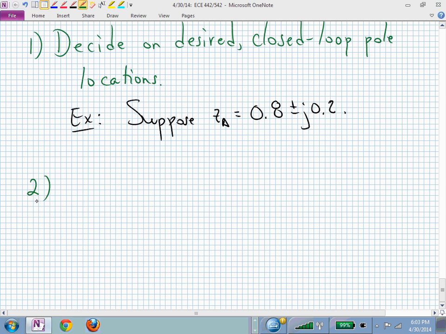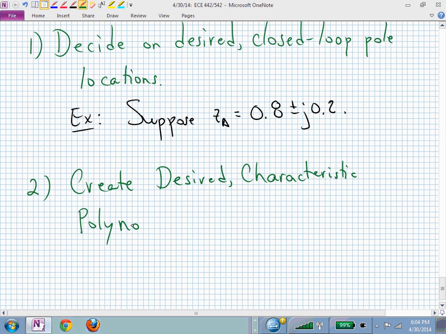The second step is to create the polynomial that possesses those as its roots. So create the desired characteristic polynomial, using all of these locations in z sub d, and let's call that delta sub d of z.